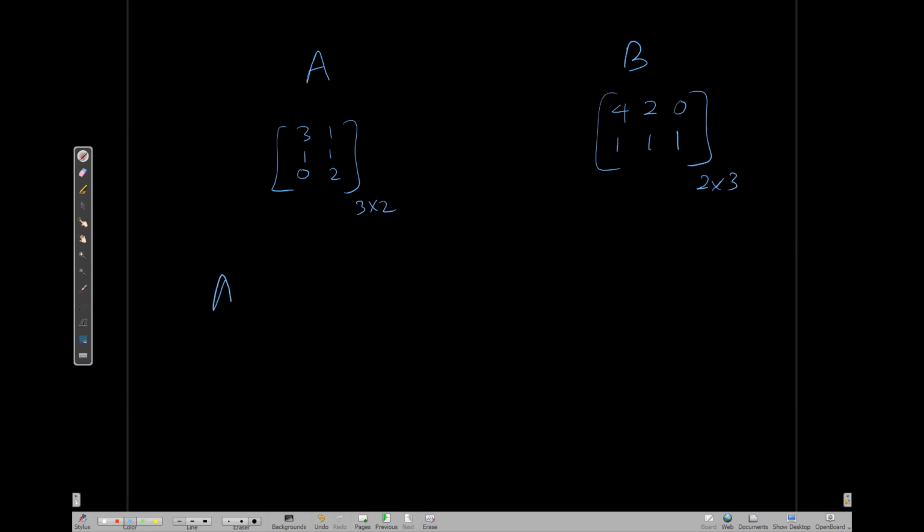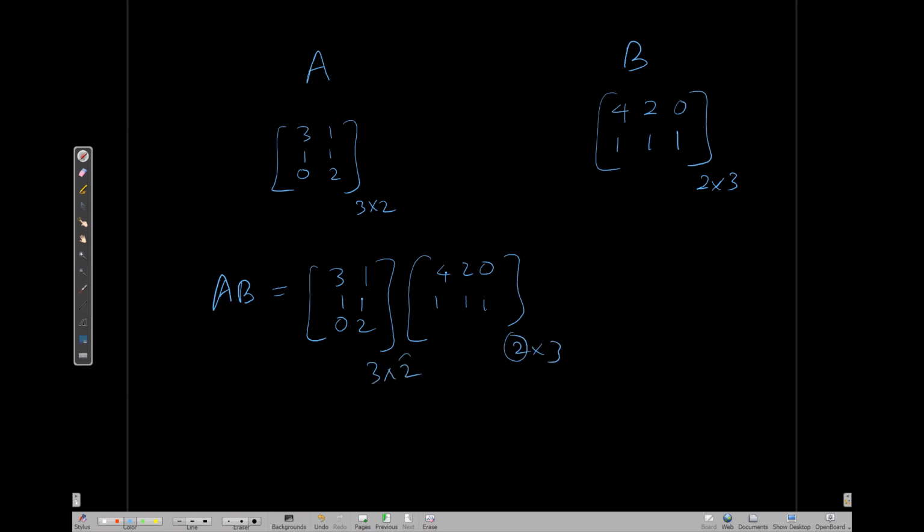Now, if I want to find AB, A is 3 1, 1 1, 0 2 and B is 4 2 0, 1 1 1. So 3 by 2 times 2 by 3. See, the numbers agree, so yes, we can do that. And the resulting matrix is 3 by 3.